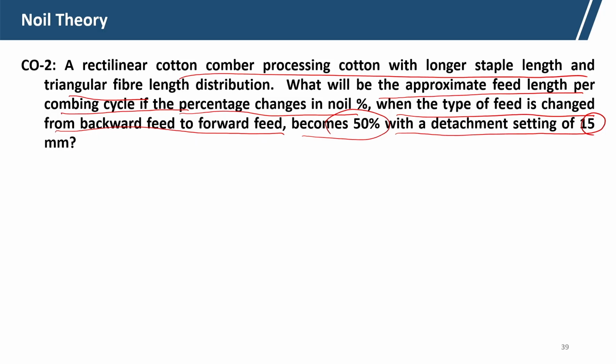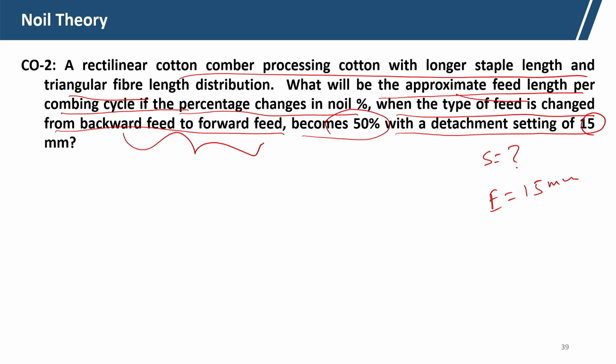So, what we have to calculate is the approximate feed length, S has to be calculated, E is given as 15 millimeter, and the type of feed is changed from the backward feed to forward feed.